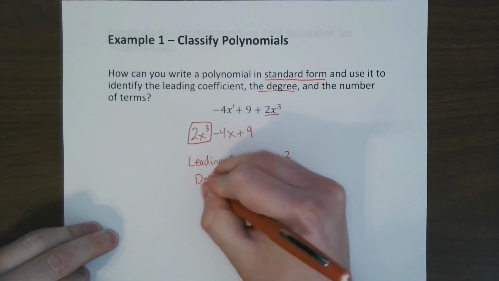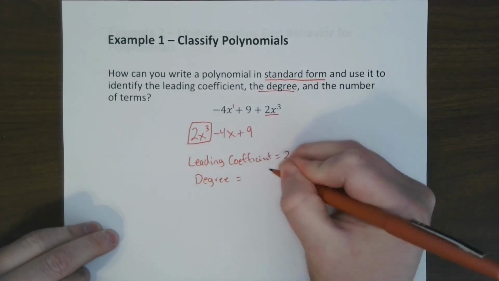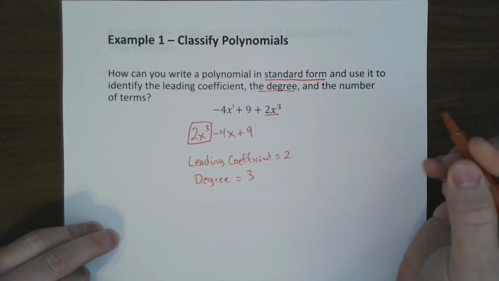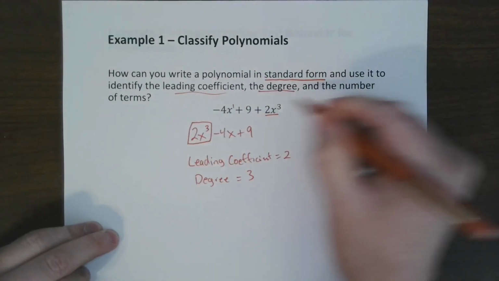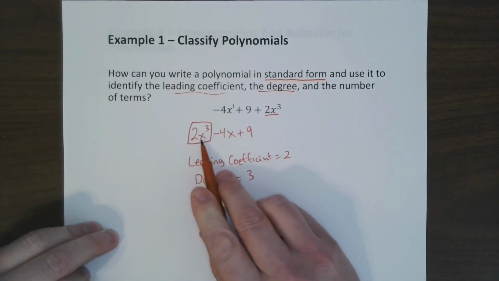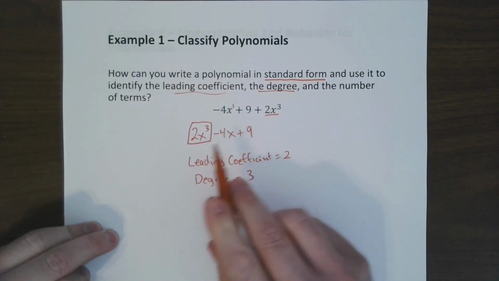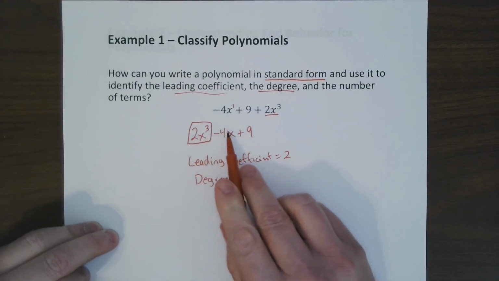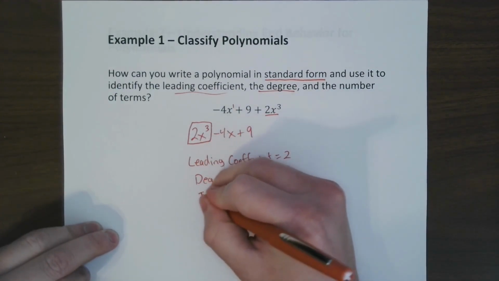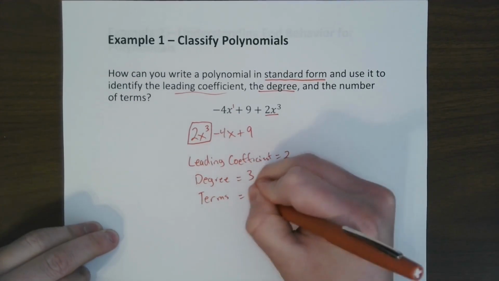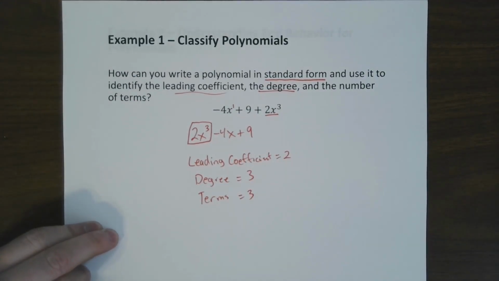So the degree is 3. And the last thing we're going to cover is the number of terms. Number of terms is how many separations by addition and subtraction there are. There's 1, 2, 3 terms. And that's it.